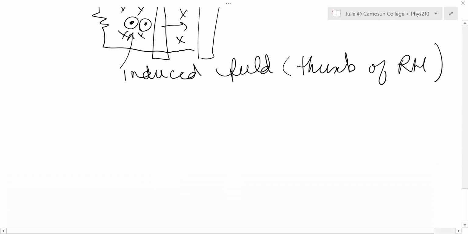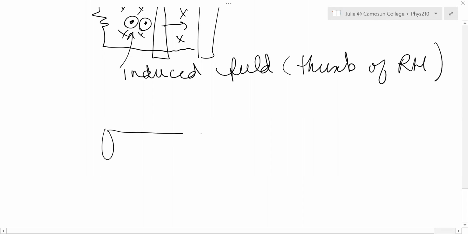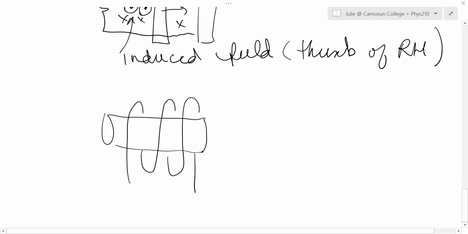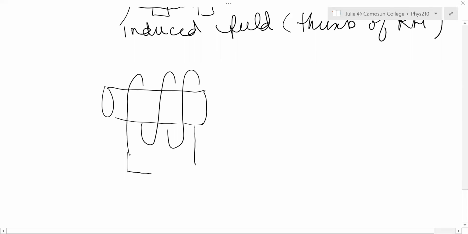Another good example of this is if you have a solenoid. So let's say we have this solenoid like this. And there's a resistor here. Now that's a loop of wire, but there's no current in that wire. It's just sitting there. And there won't be any current unless you do something. And so the way that you do something is you take a magnet here.